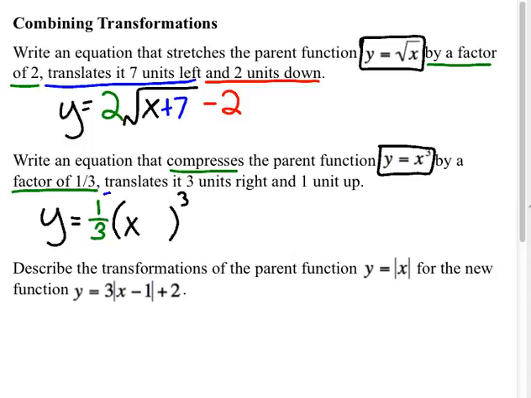Now I look 3 units to the right. Again, right or left goes with the x, and oppositely, so right is going to be a negative in there. That one always acts oppositely of what you'd expect. Finally, up or down acts at the end all on its own.